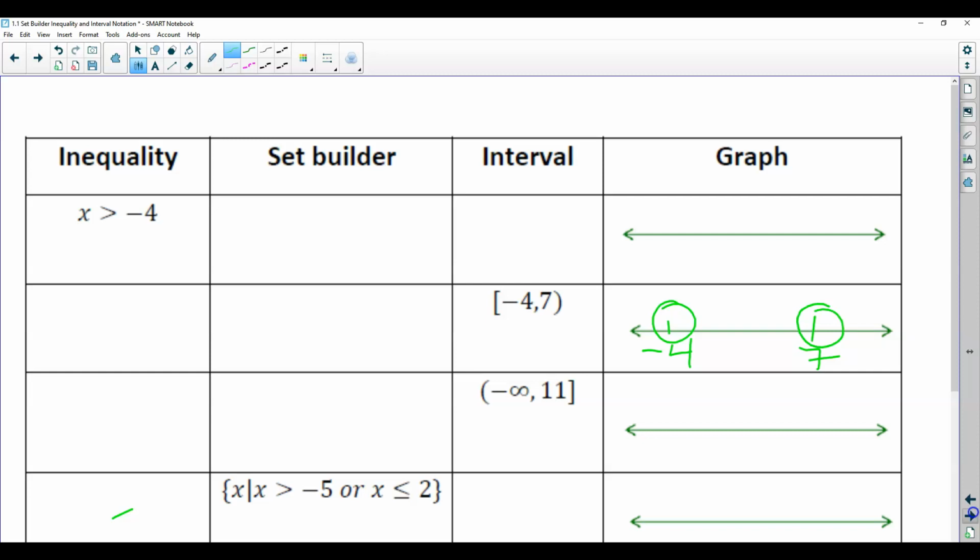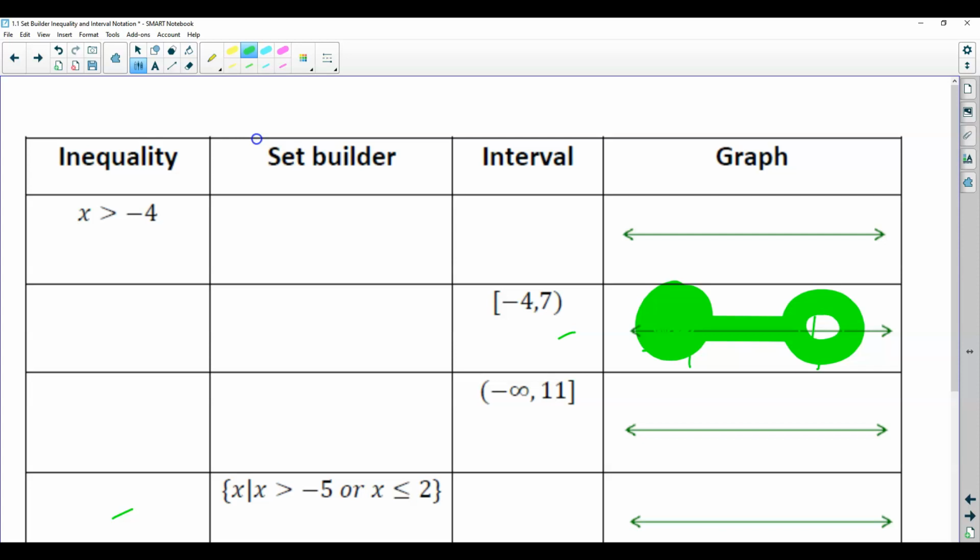The -4, because it has the bracket right next to it. So this interval notation says we want all the numbers in between -4 and 7. So when I grab my highlighter, it's going to look like this. That's a line segment. That's an and statement.